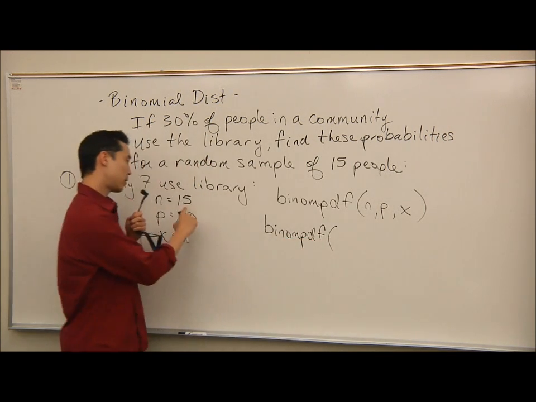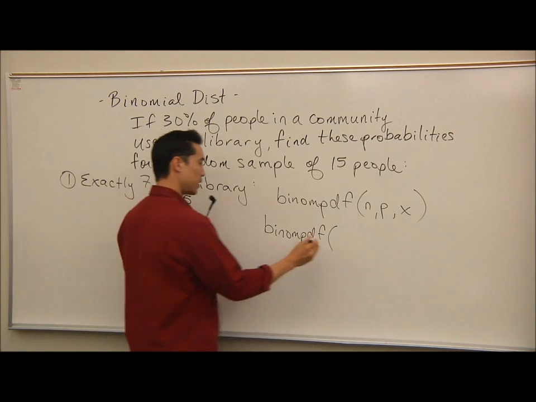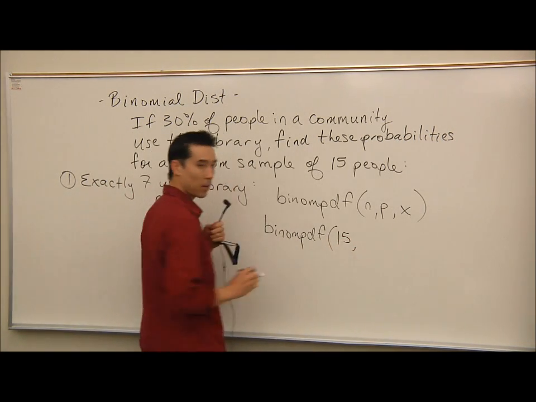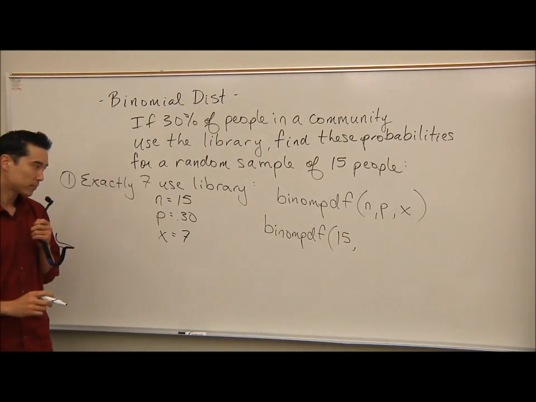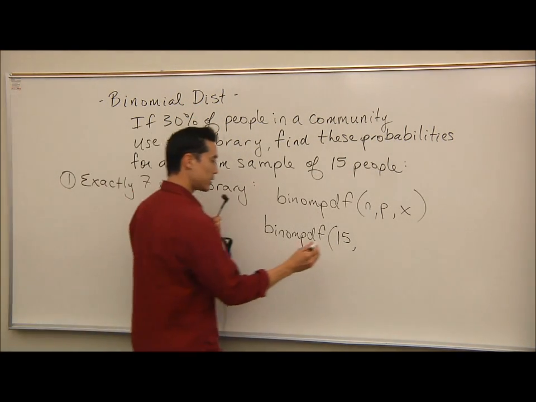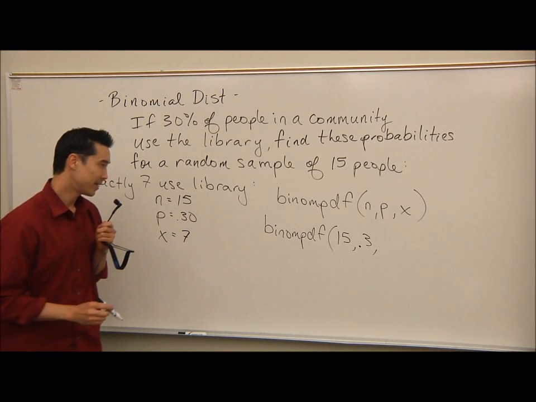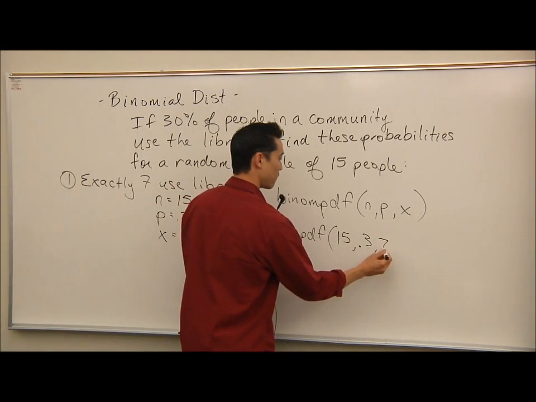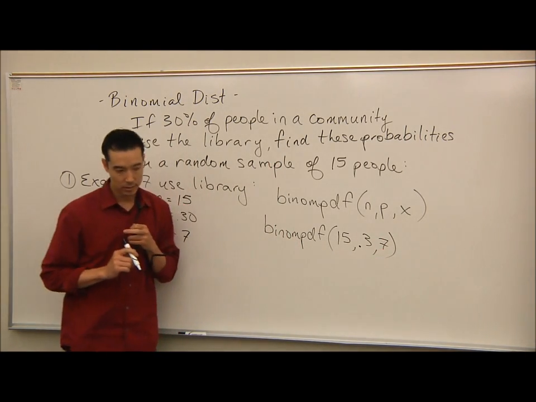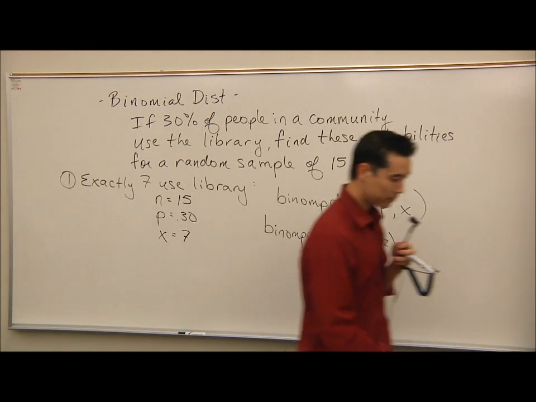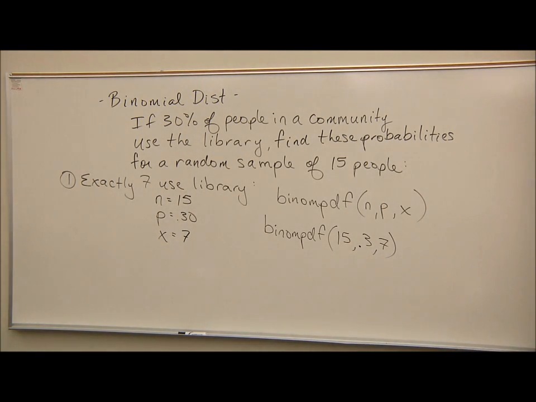and then n here is 15, so type 15, then hit your comma key. Okay? Then your p is 0.30, so 0.3. Then again hit your comma key, and then hit 7, and then close parentheses. Okay? Where's the comma key?